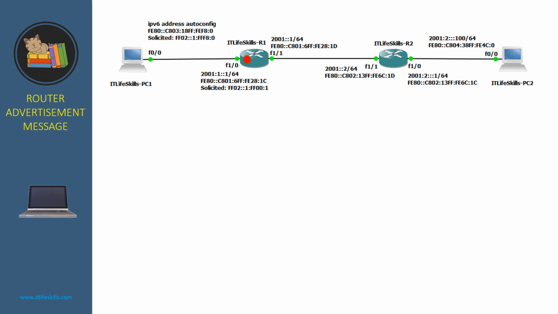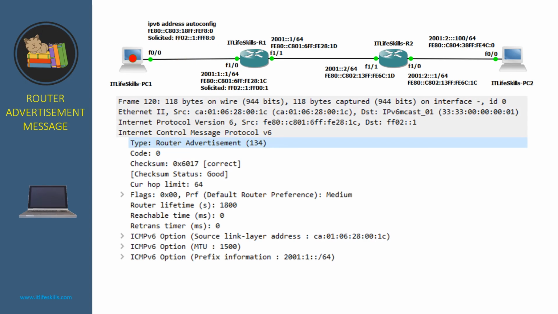NDP also allows routers to send router advertisement messages to provide prefixes and parameters for IPv6 autoconfig client computers in the local network. When enabled, IT Life Skills Router 1 sends router advertisement messages periodically or in response to solicitation. Here is a router advertisement message.